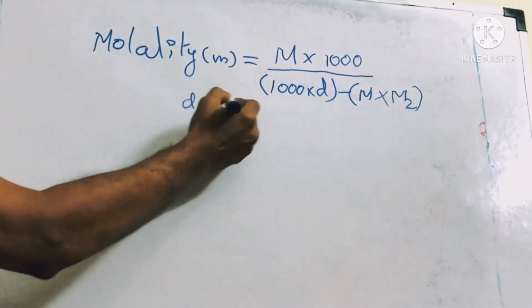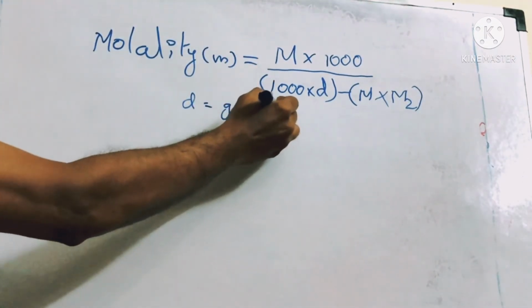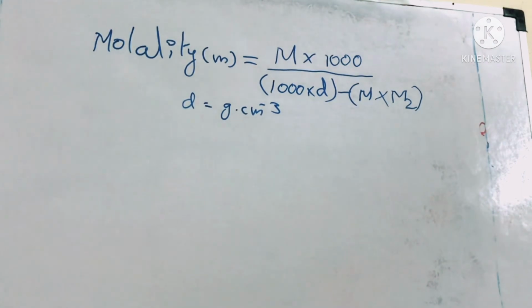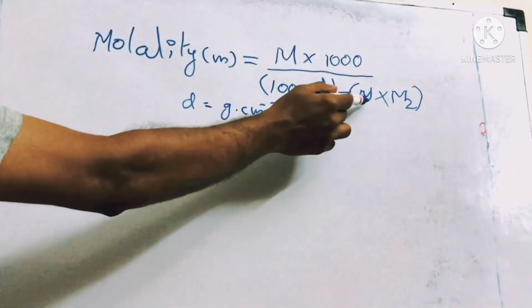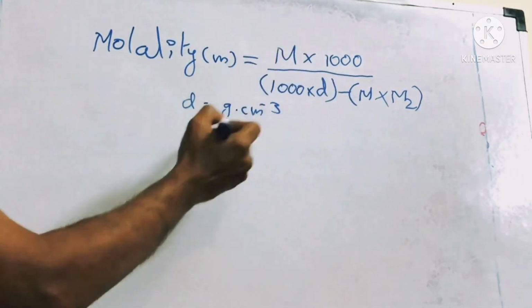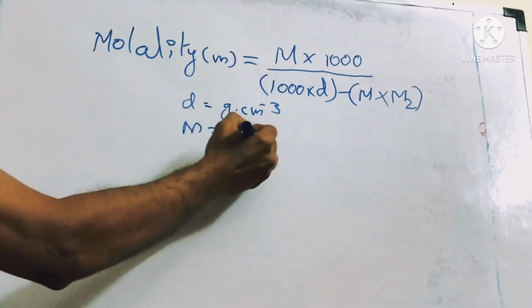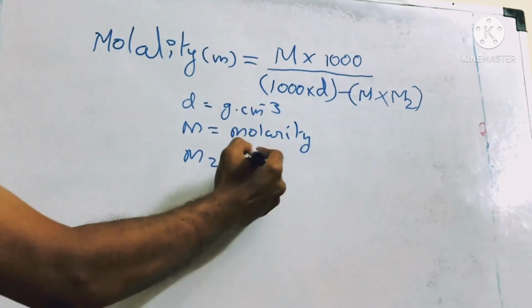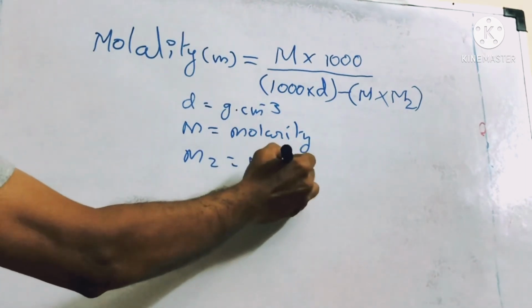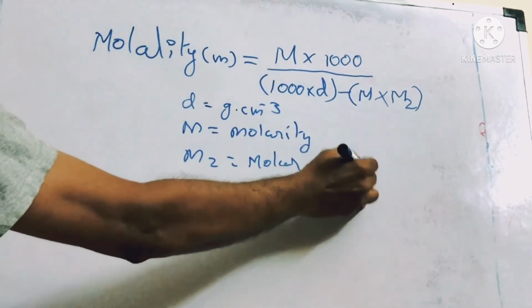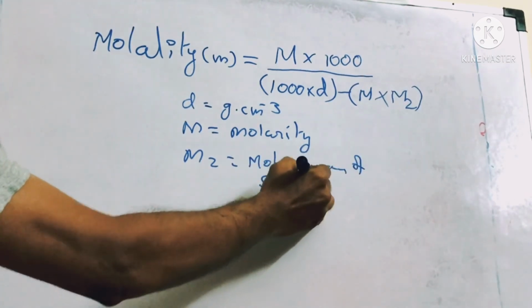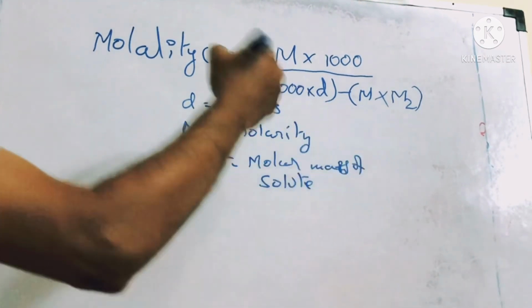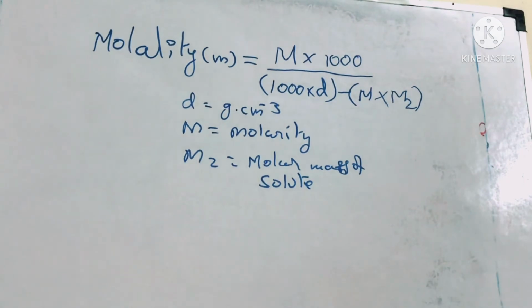This density we will represent with gram per centimeter cube, density of the solution, and small m is the molality, capital M is the molarity, and m2 is the molar mass of solute or component 2. Mostly it is solute. So this is the equation which helps us to convert between molarity and molality.